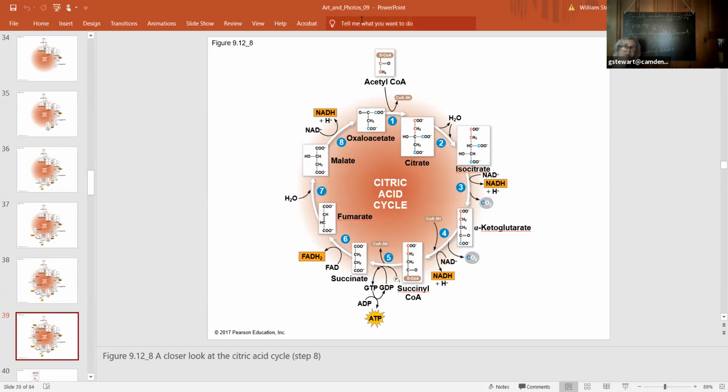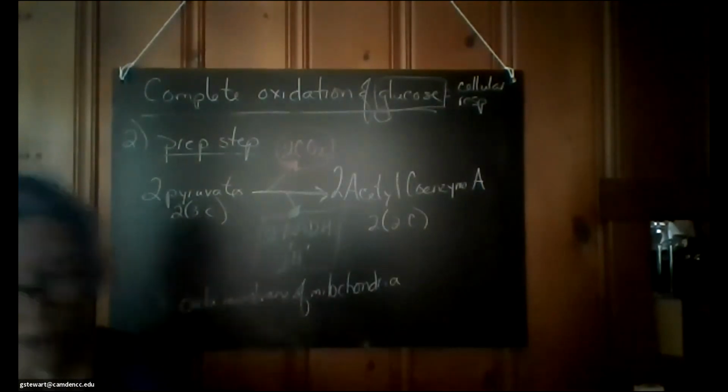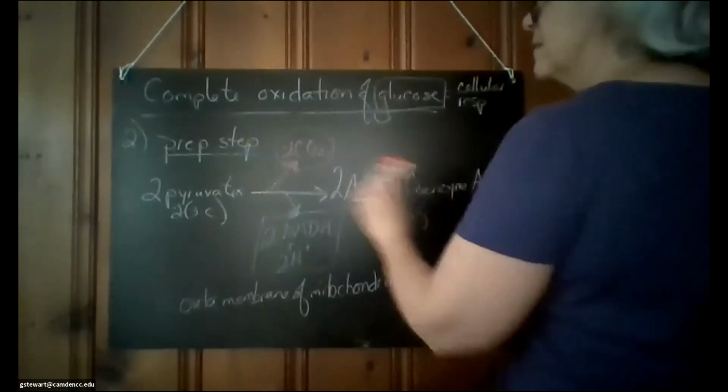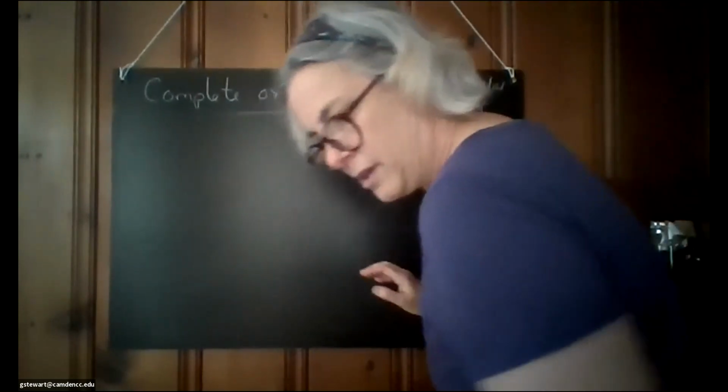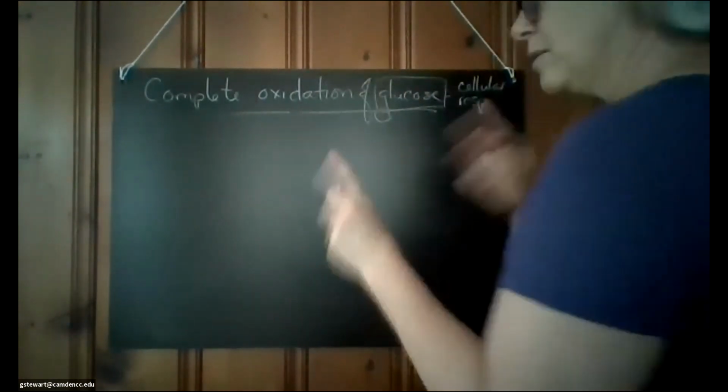So I'm going to stop that share and I'm going to erase my board, and then we're going to talk about step 3 here. Okay, so step 3 goes by many names.